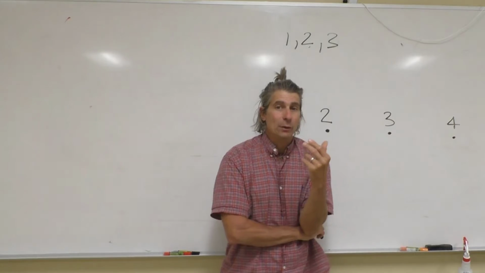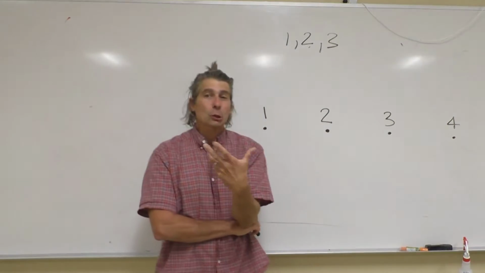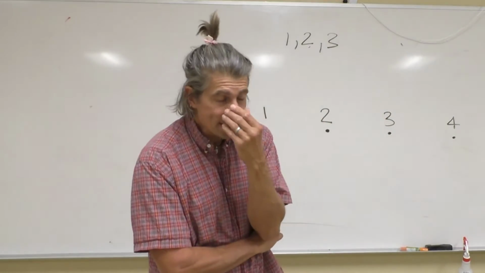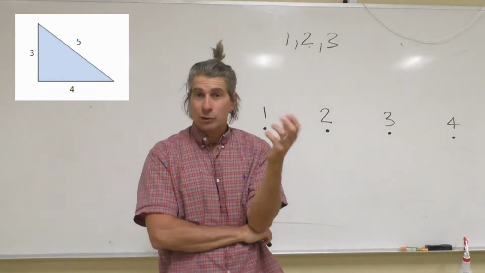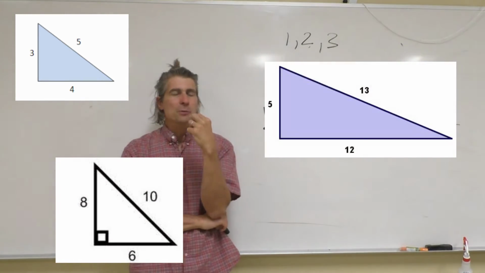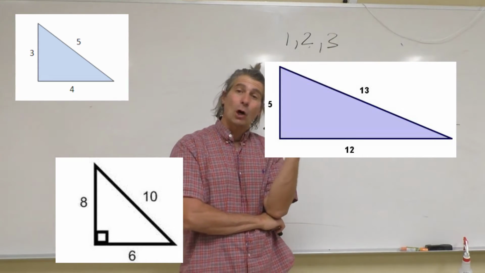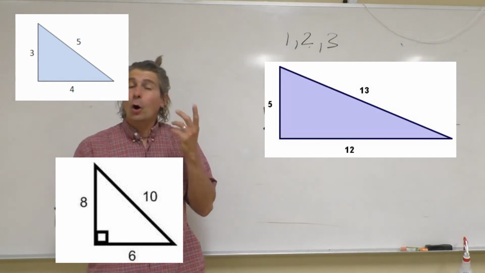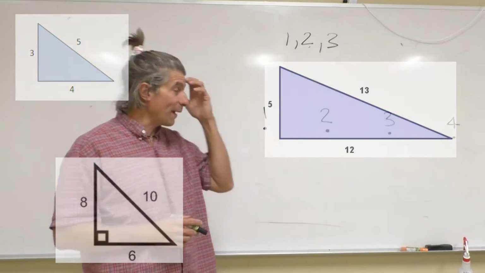There are special triangles called Pythagorean triples that carpenters use to check that buildings are square. For example, a 3, 4, 5 triangle, or a 6, 8, 10 triangle, or a 5, 12, 13 triangle. These are special because they satisfy the Pythagorean theorem, and all the numbers on the sides are whole numbers: 5, 12, 13, 6, 8, 10, 3, 4, 5.